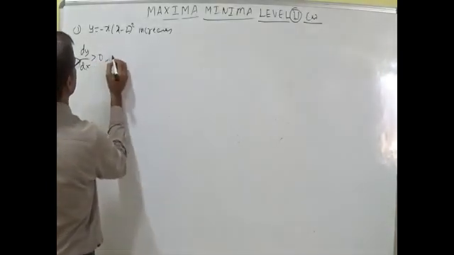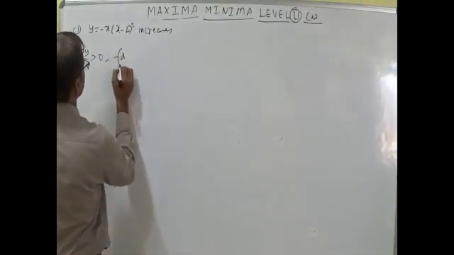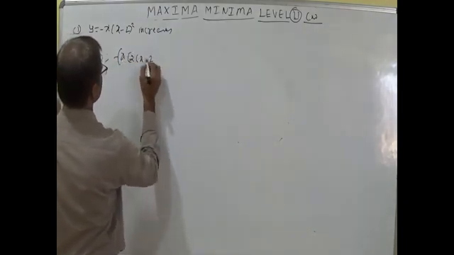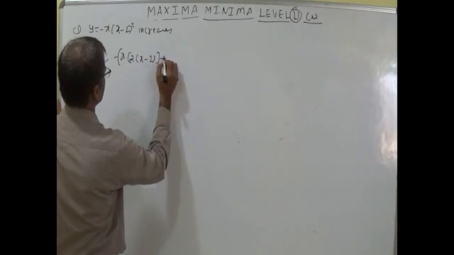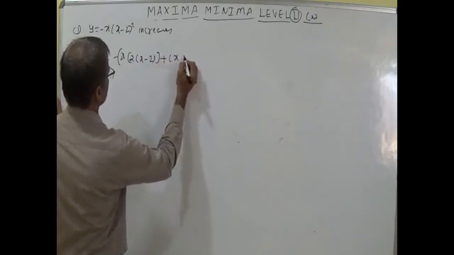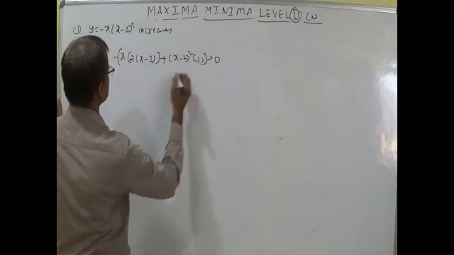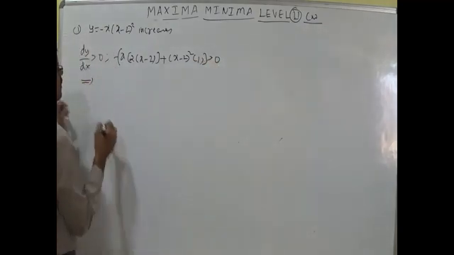So dy by dx greater than 0. Writing minus x common, minus of x into the derivative: 2 into x minus 2 plus x minus 2 whole square into 1, this is greater than or equal to 0.